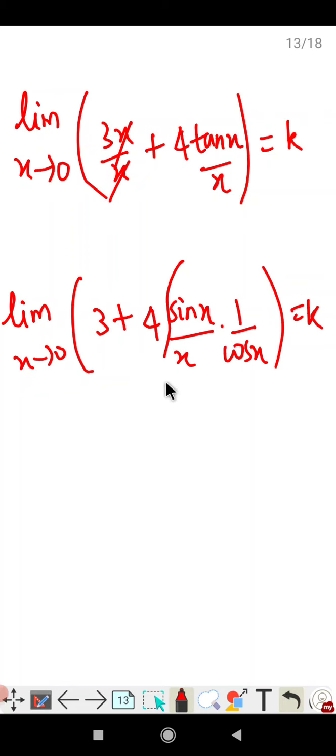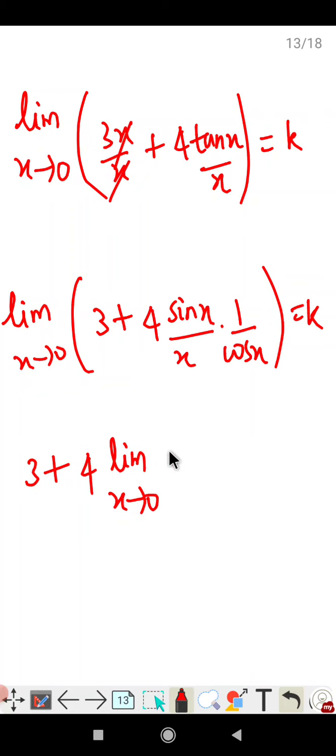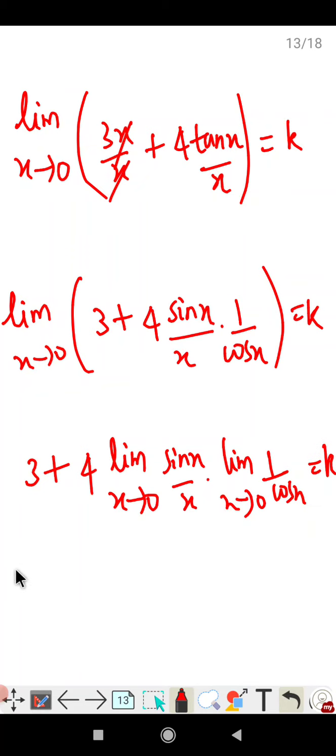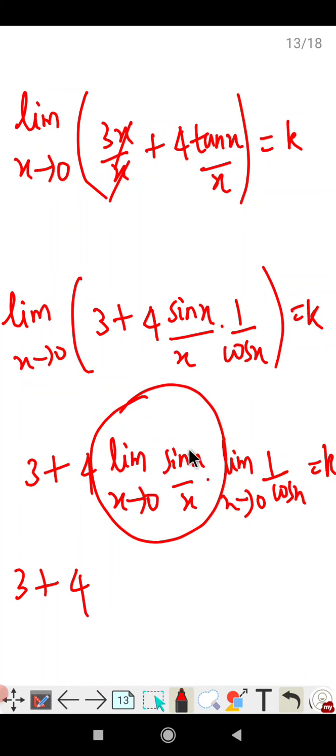Now this is the famous limit: limit x tends to 0, sin x by x is 1. So limit of 3 is just 3, plus 4 times, taking the limit inside, limit x tends to 0 of sin x by x into limit x tends to 0 of 1 by cos x, which is equal to k. 3 plus 4, this limit is 1, we already know limit x tends to 0 of sin x by x is always 1, into limit x tends to 0 of 1 by cos x.